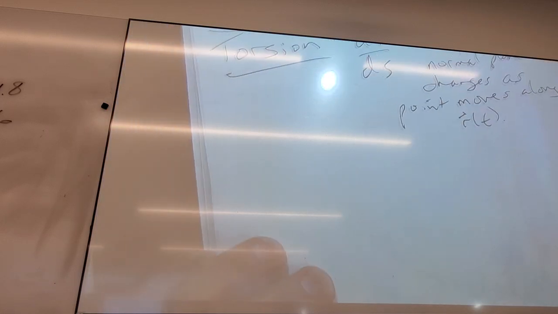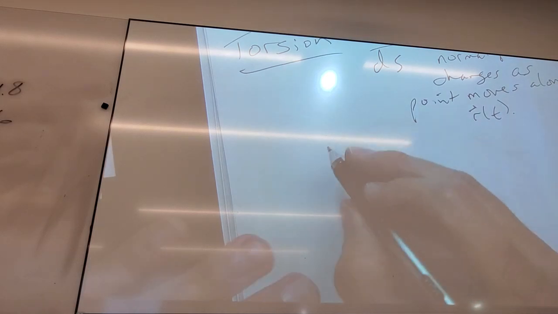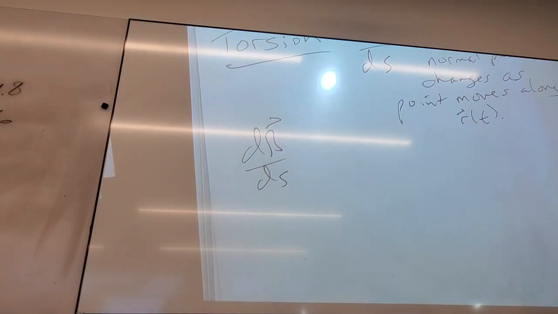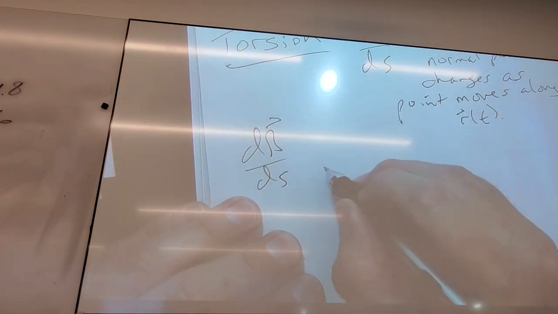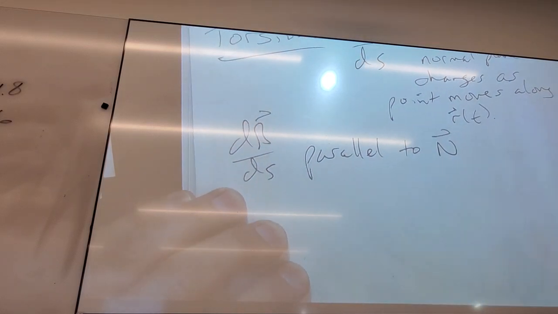Let's see, how do I say this? dB/ds. What was B again? Binormal. This ends up being parallel to our normal vector.